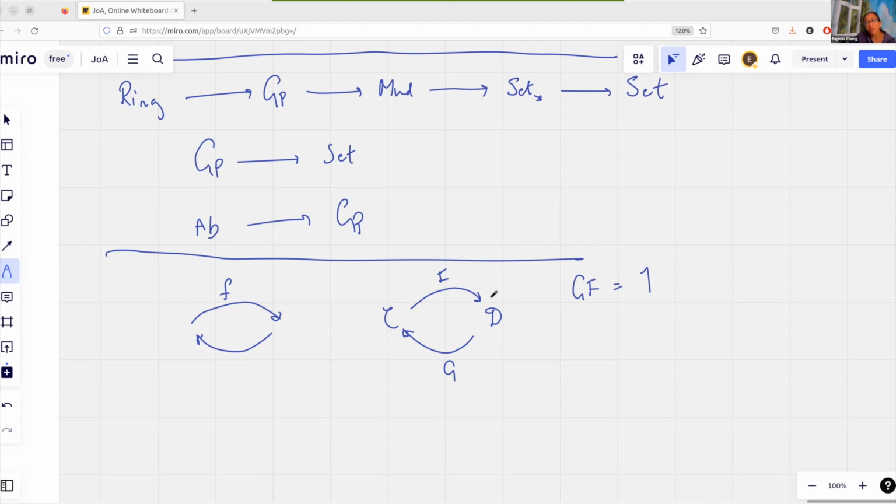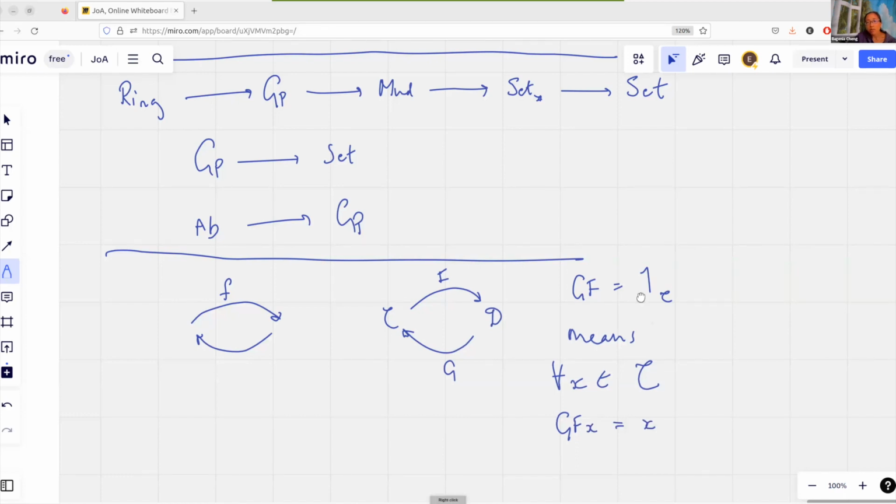GF means do F first and then G afterwards. So that's the identity on C, which means for all objects X in C, GF of X equals the identity of X, which is X.